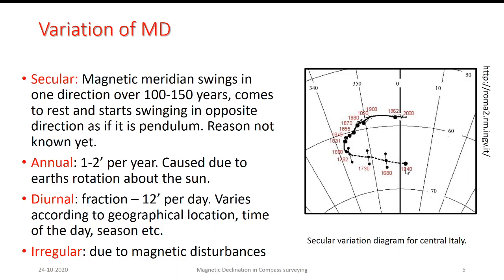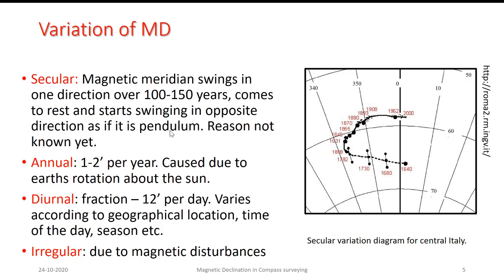As we consider 1600, it is moving in the leftward direction. As such, this magnetic meridian swings in one direction over the period of say 100 to 150 years. It comes to rest and again starts moving in the opposite direction, as if it is a pendulum.